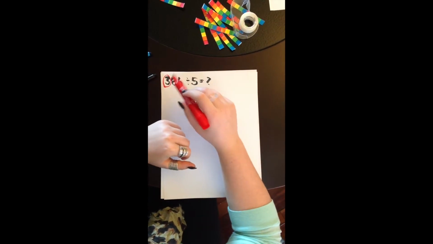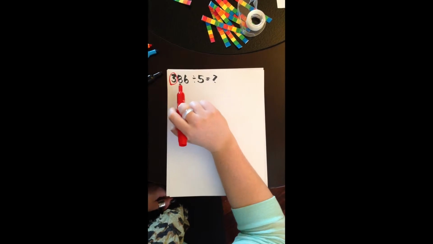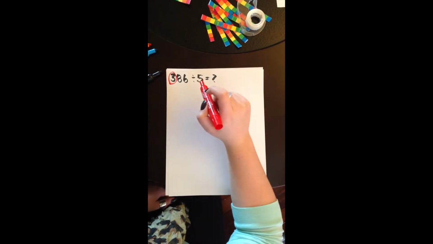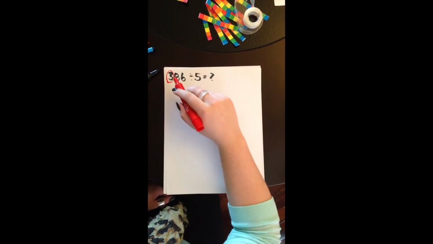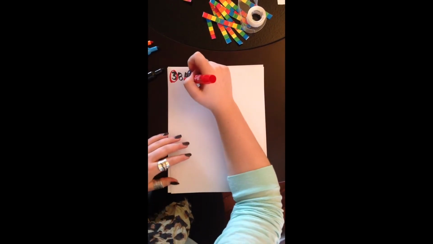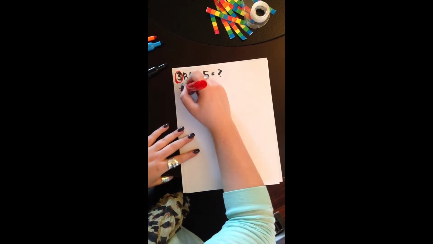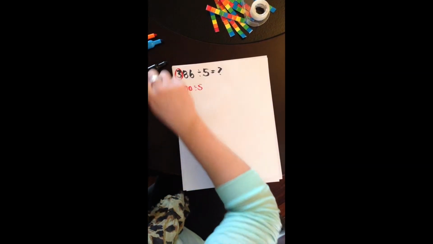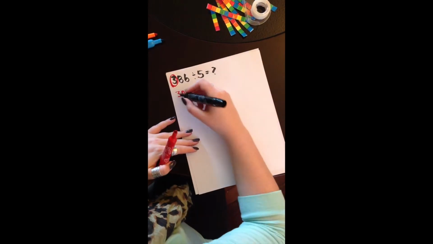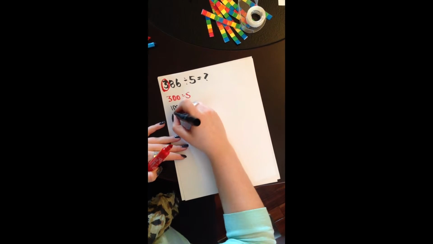I will now show you how to use the paper and pencil to solve the question 386 divided by 5. Similarly to how I used the base 10 block method, I'm going to break it down into hundreds, tens, and ones. So first we'll solve the 300 divided by 5. I found that it's easier to break it into 100 divided by 5 three times.